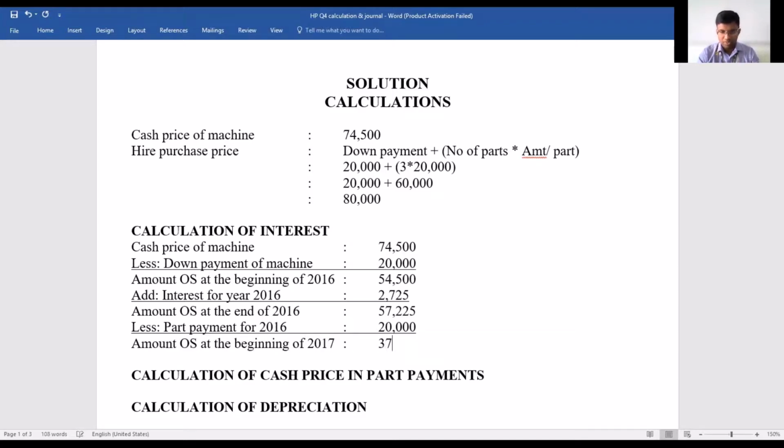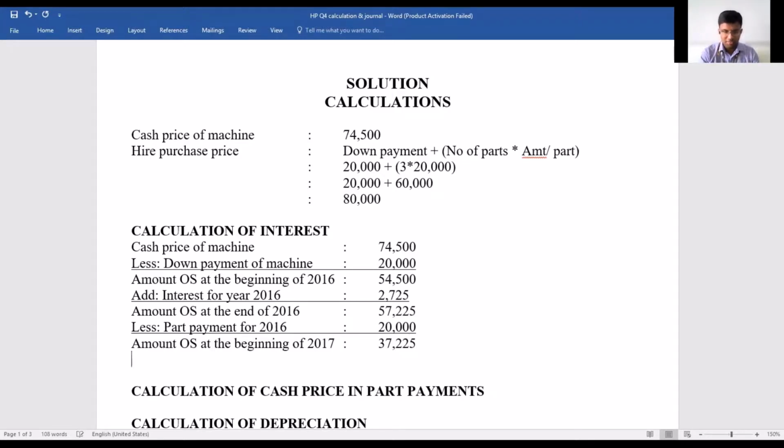Okay, so this works out to be 37,225. To this, we will have to add interest for 2017. So we know that for 2017, we will have to calculate the interest on the outstanding amount, and the outstanding amount is 37,225.